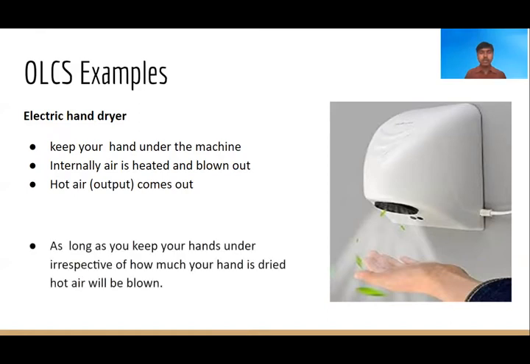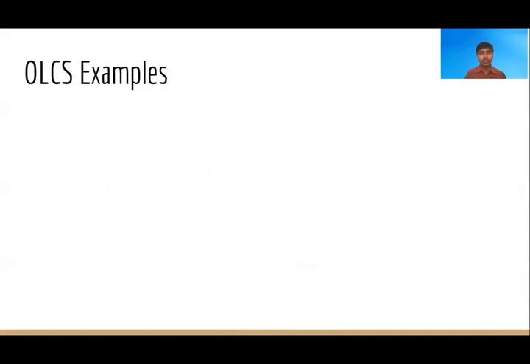As long as your hand is under the machine, whether your hand is dried or not, the hot air will come out from the dryer machine. That means the system doesn't bother about whether your hand is dried or not. This is an example of an open loop control system.